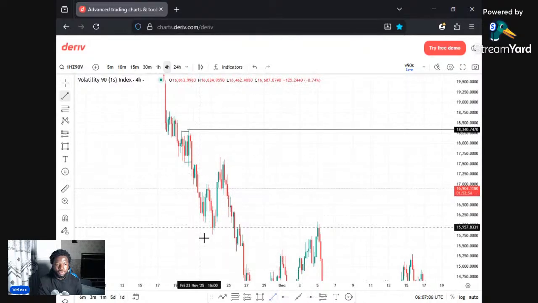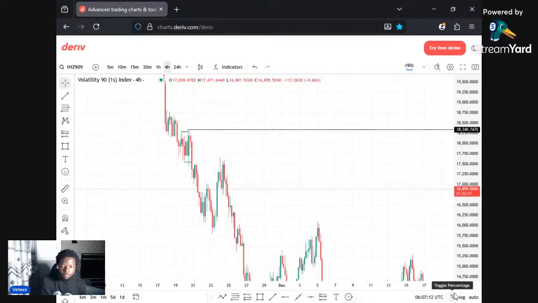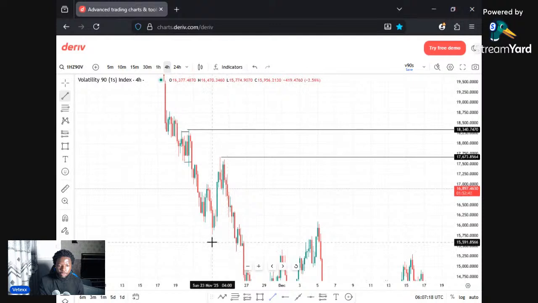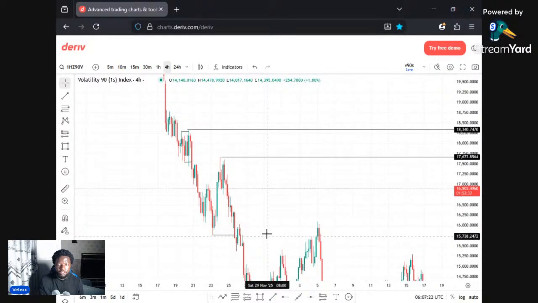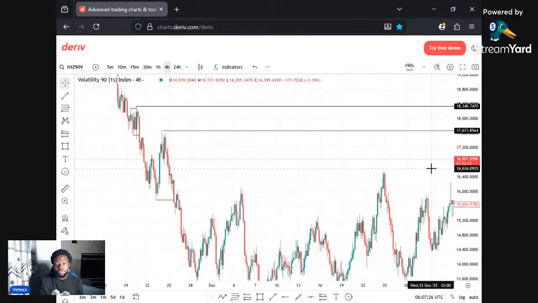We have price retrace 50% to give us our structural liquidity, which is this. And we have our second break of structure. So this is an A plus setup. This is an A plus setup on the 4-hour time frame.